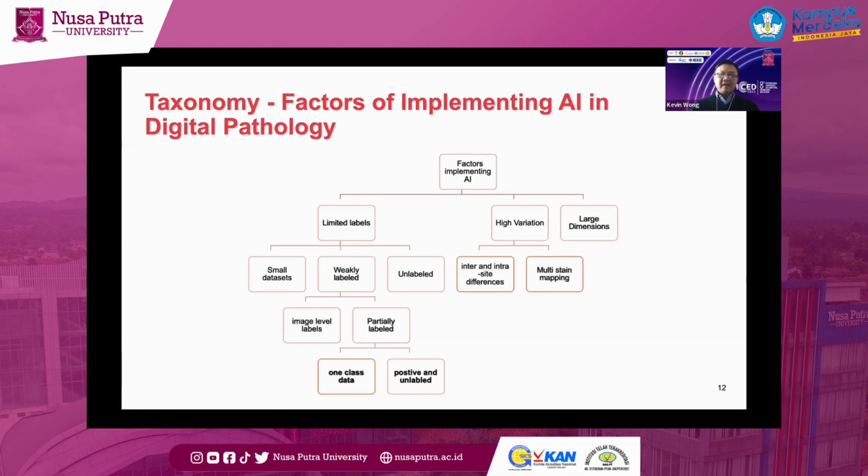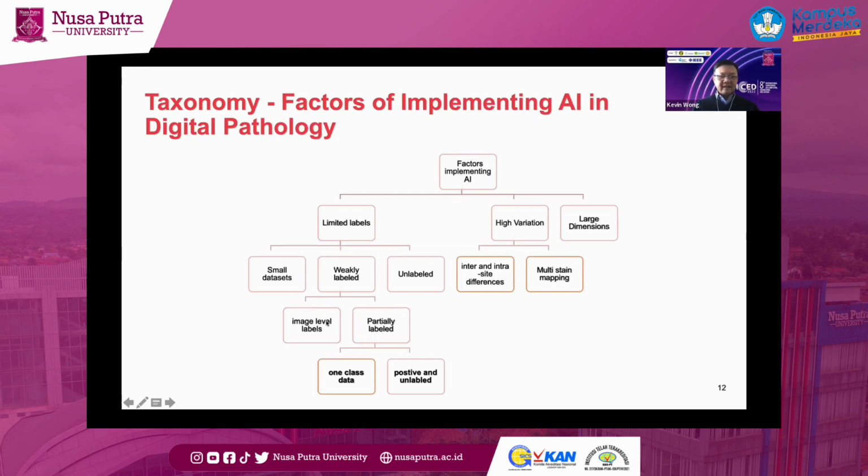But a senior pathologist has a lot of work to do, because all the reports have to come to them before they sign off the diagnosis. So limited labels is always one of the problems when we want to use deep learning successfully in the clinical domain. Of course, in research, we can use any public domain data specific to the type of cancer and so on. I'm not going through all of them here.